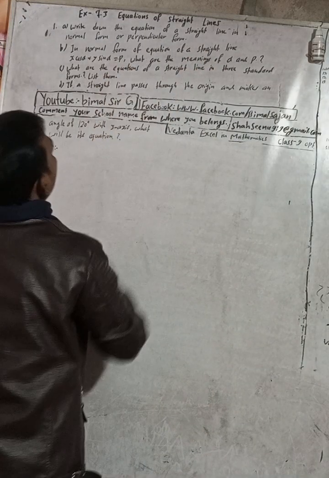Here the question is, write down the equation of a straight line in normal form or perpendicular form.